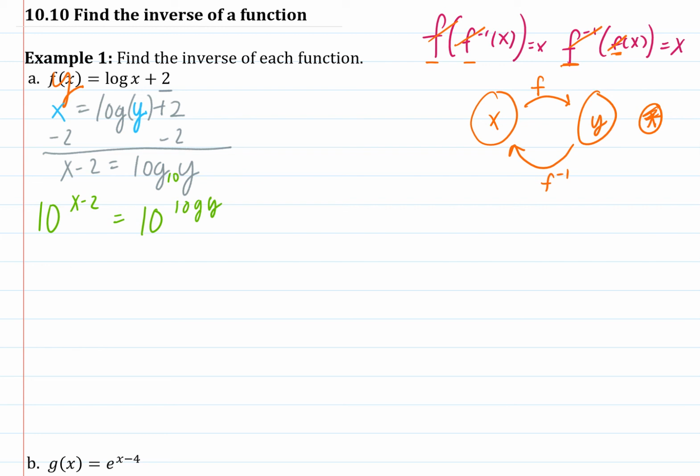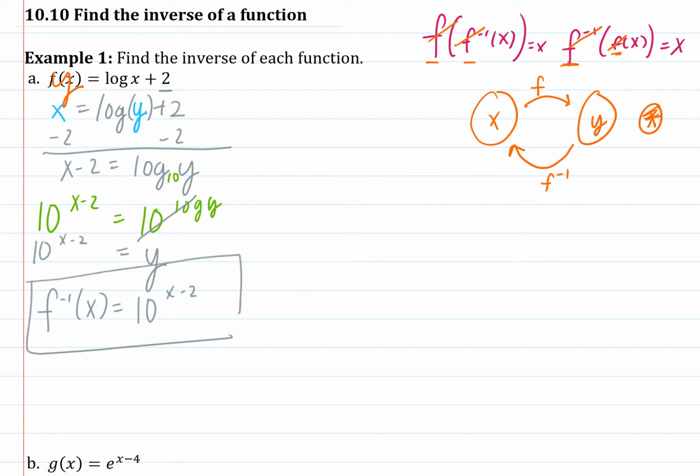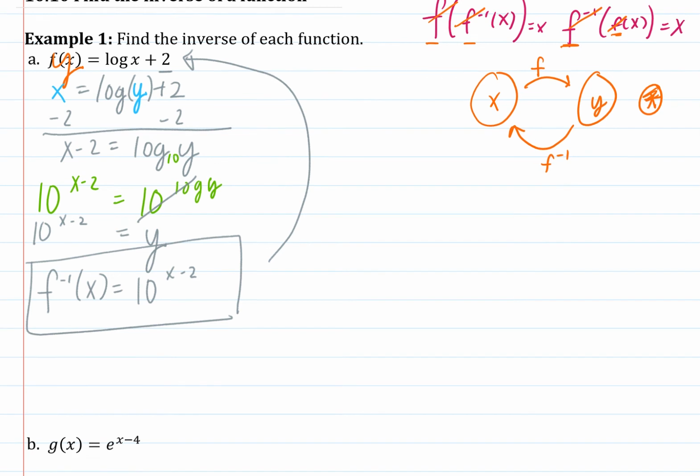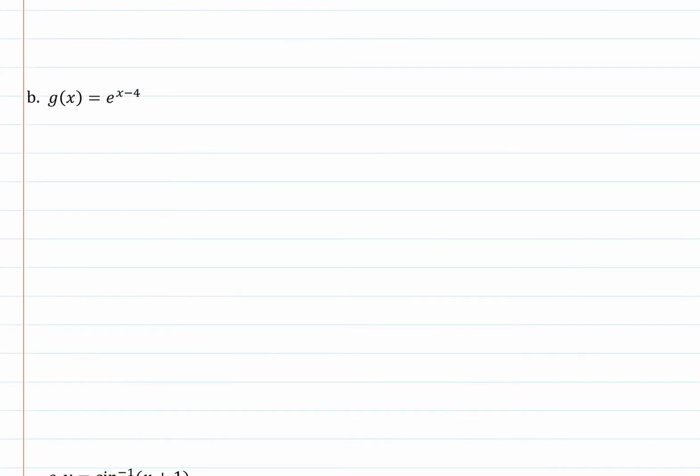And that's handy because these are inverse functions, so they cancel out just to give us y. Of course, the shortcut is just rearranging the terms. And then I'm going to go back to inverse function notation just to really emphasize: 10 to the power x minus 2 is the function that undoes this original f of x, log of x plus 2.